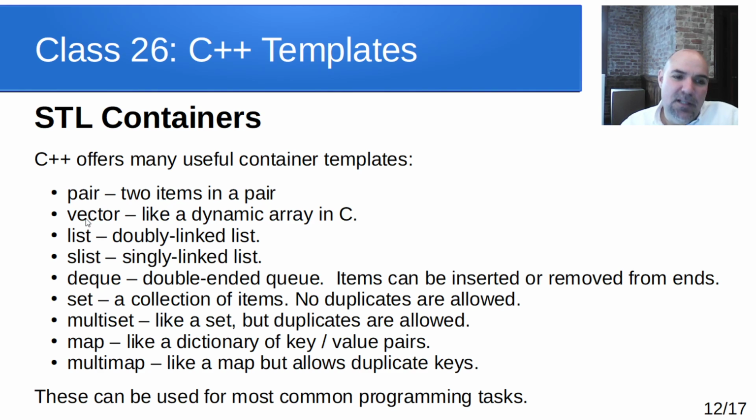Vectors are a little more efficient in some ways. Accessing them can be more efficient. But removing items from a vector, just like a dynamic array, takes longer, because to remove something from the middle of that vector, you've got to collapse everything else down, whereas with lists, you can just unallocate something and throw it away. But these are all really useful to learn.